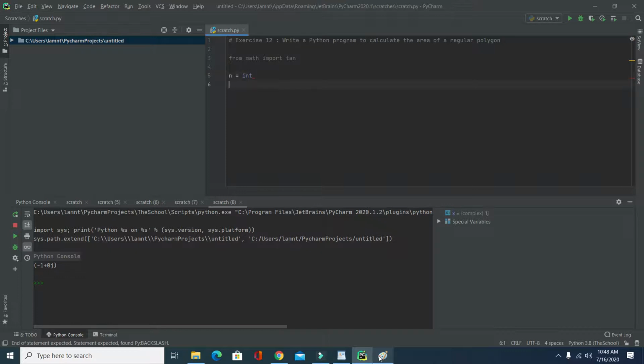Okay, so let's note it down: int input, the number of sides of the polygon is, right? Okay.